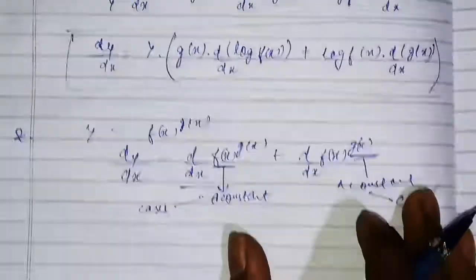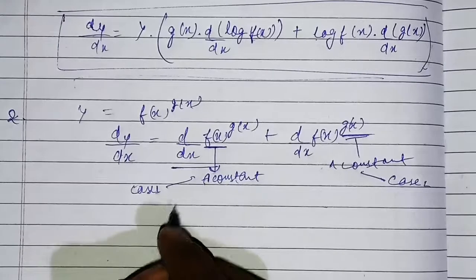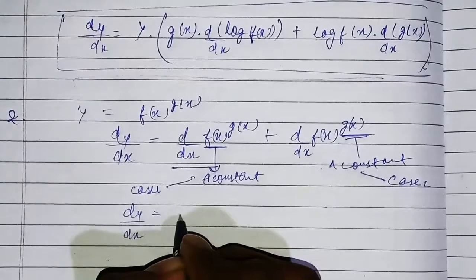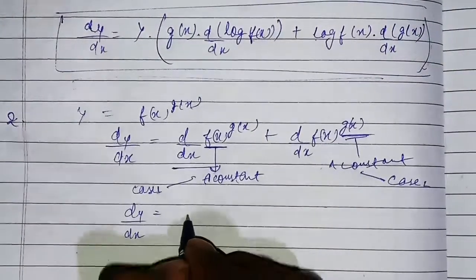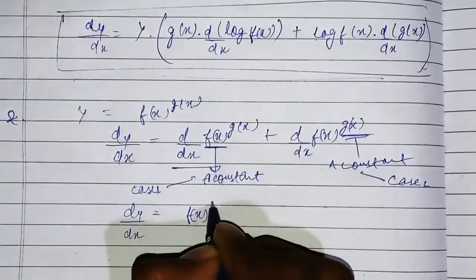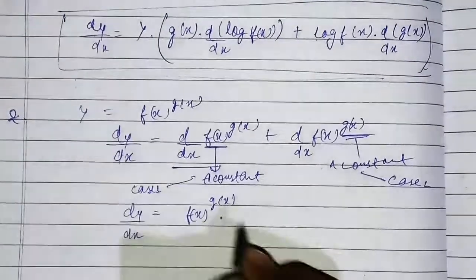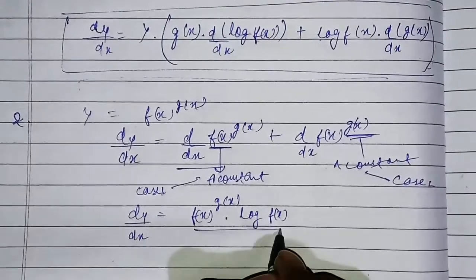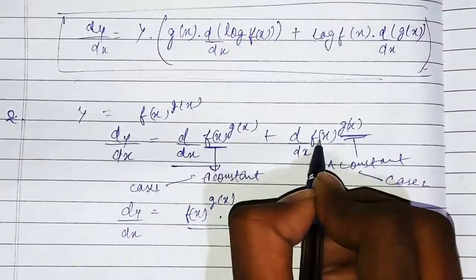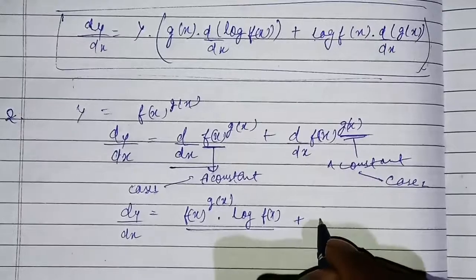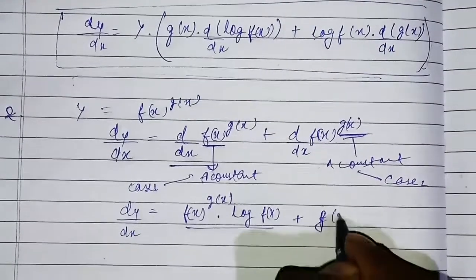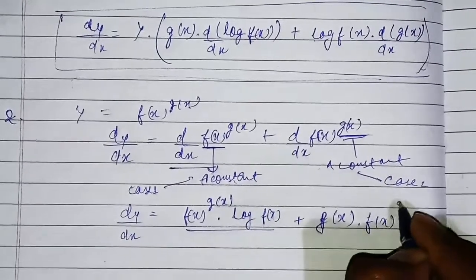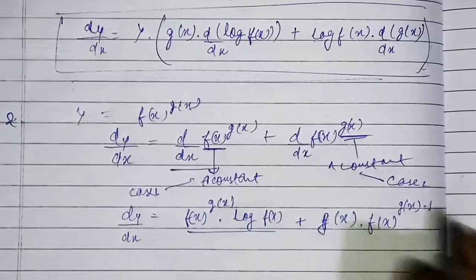And then if you now see it, it will be like this way, as dy by dx is equal to f of x to the power g of x dot log of f of x plus g of x into f of x to the power g of x minus 1.